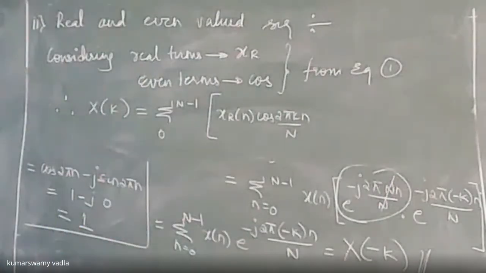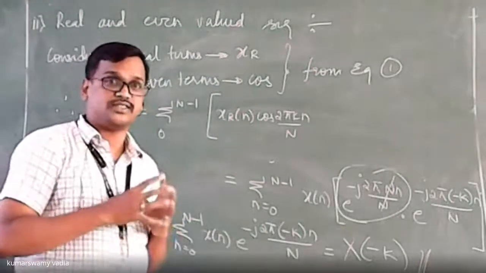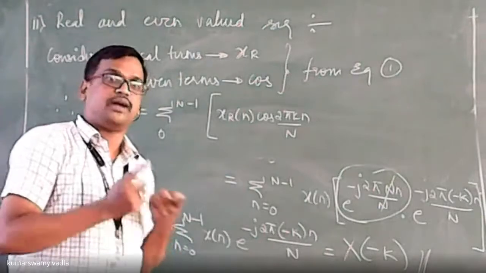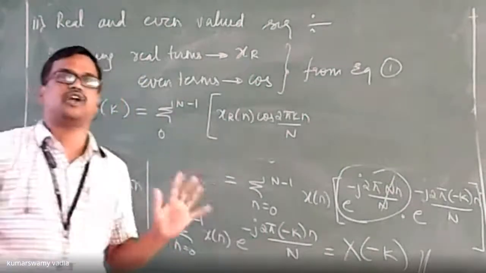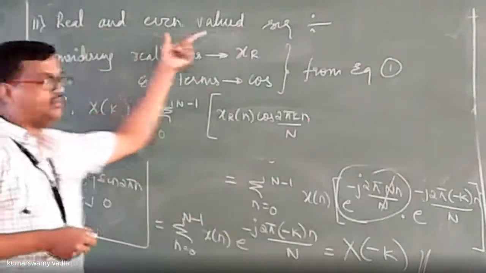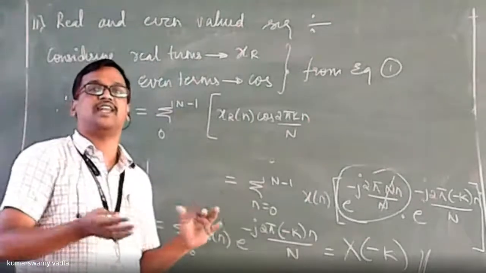What is third part? xi cos. xi cos is there. So again, cos you could have considered, but xi is there. So you should not consider that, because now we are talking about only real and even, not with something which is imaginary and even.